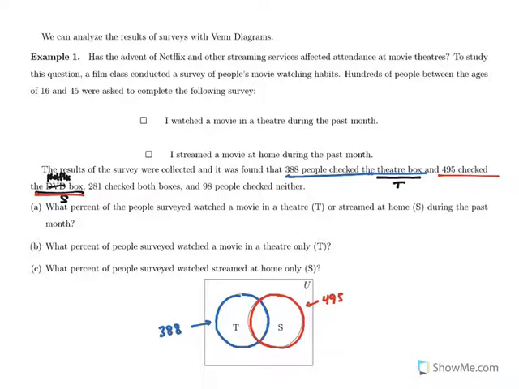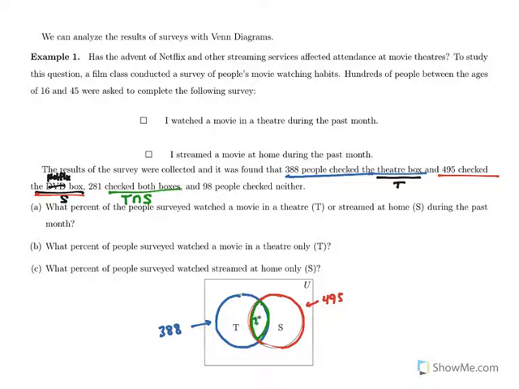We had 281 check both boxes. So what does that mean? That is that they checked T and S. That's the intersection. That means that there are 281. We'll actually put that on the inside here.